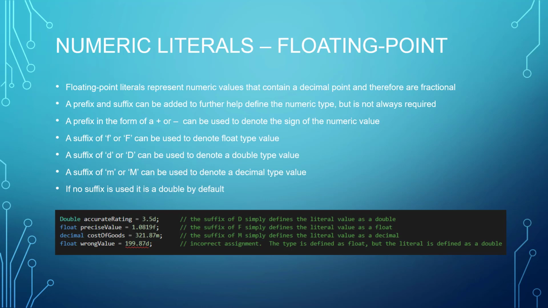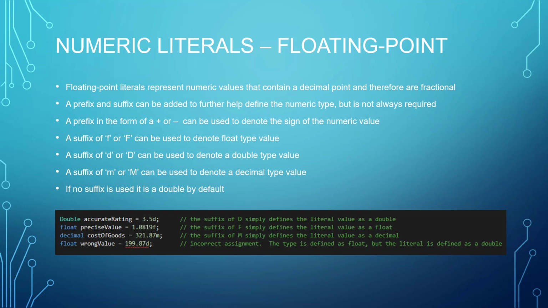We've also got an example here of declaring a float. We call it precise value, and then we've assigned to it a literal value of 1.0819 F. Because we put a suffix of F on there, it simply defines this literal value as a float. Finally, we've got decimal, and we're going to define it as cost of goods.